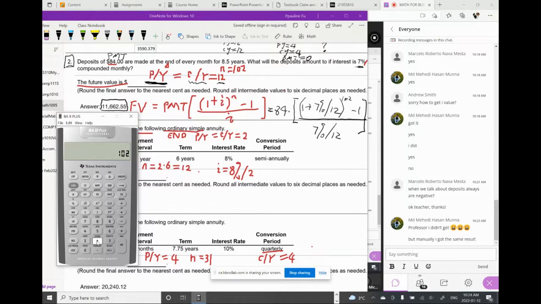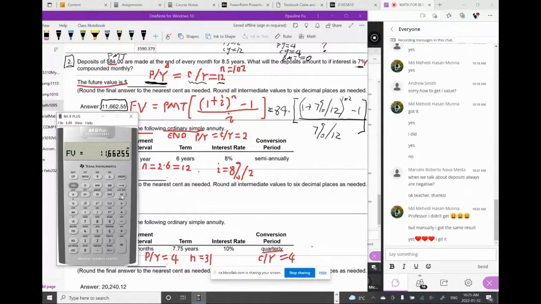Typing 102, term N. Typing 7, interest IY. 0, present value PV. Final step, compute FV. These are the steps. You need to practice more. Make sure you know how to use the calculator. Okay, for this question, you could use the formula, but as we progress through the semester, the calculator will be needed.